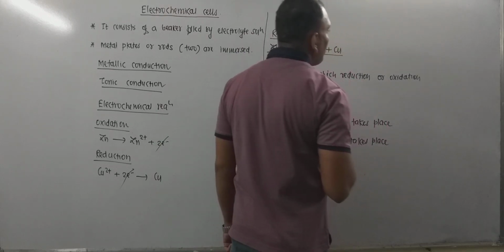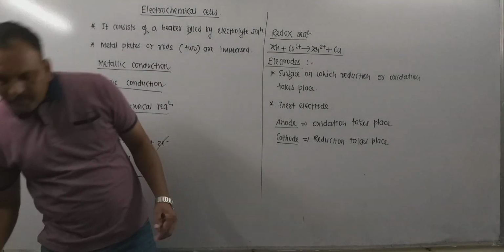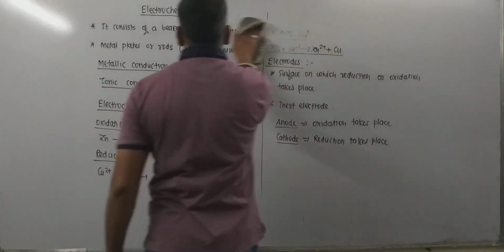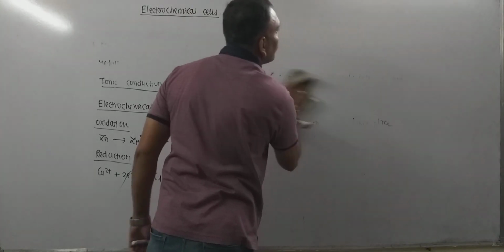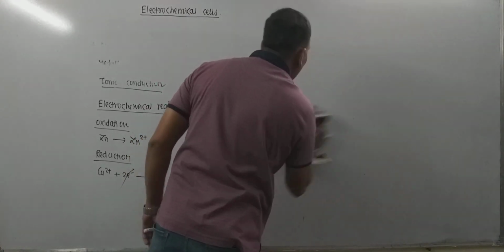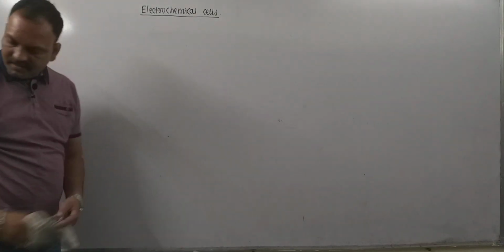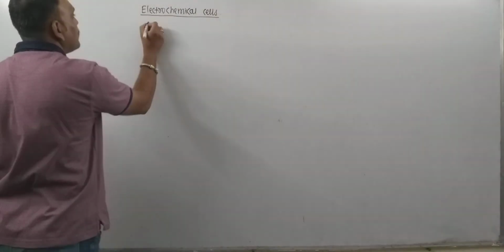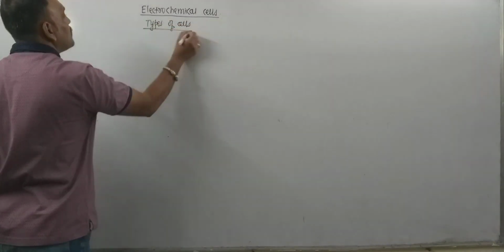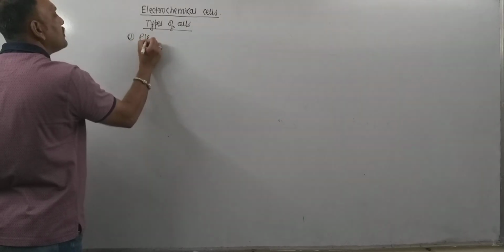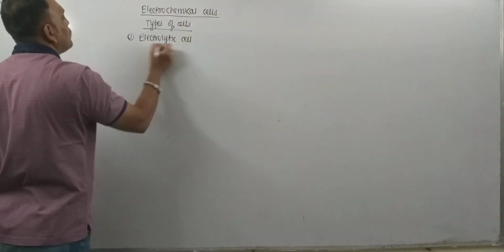Now, a very important thing, types of cell. So cells can be categorized into two broad classes. One, electrolytic cell.